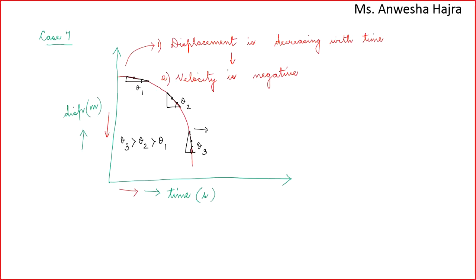So slope is increasing. And slope of the graph is increasing. Slope gives us velocity. So you can say, in this type of graph, velocity is increasing.